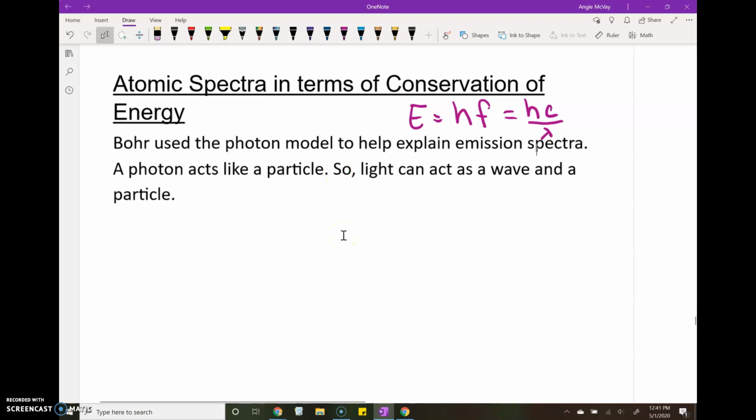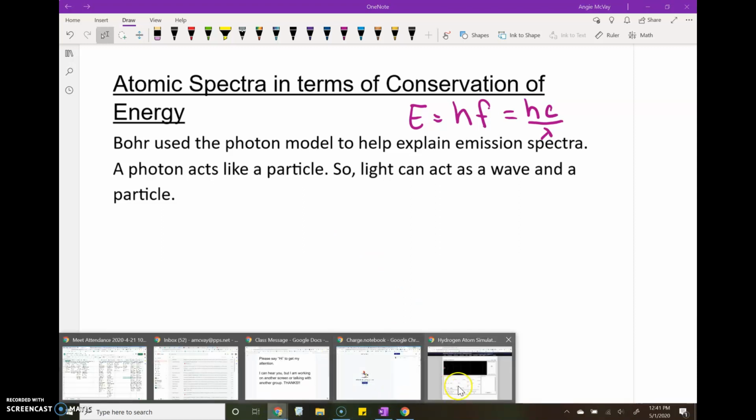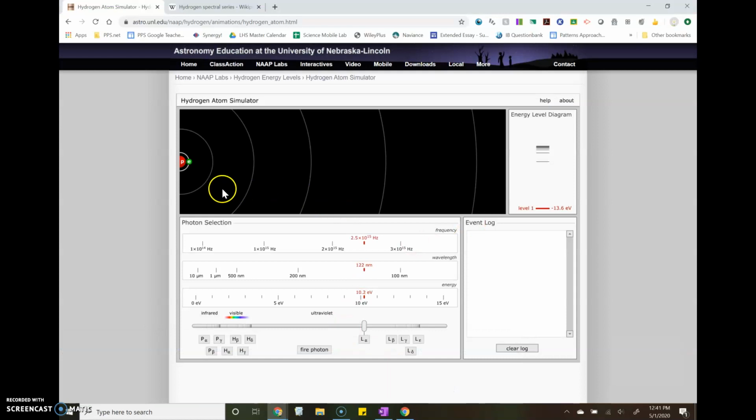So some of the things that you should have seen in that simulation, let's bring up that simulation really quick. You noticed that you can send different wavelengths of light, and specific wavelengths of light would excite an electron to specific energy levels. Not once did you ever see an electron actually exist in between those energy levels.